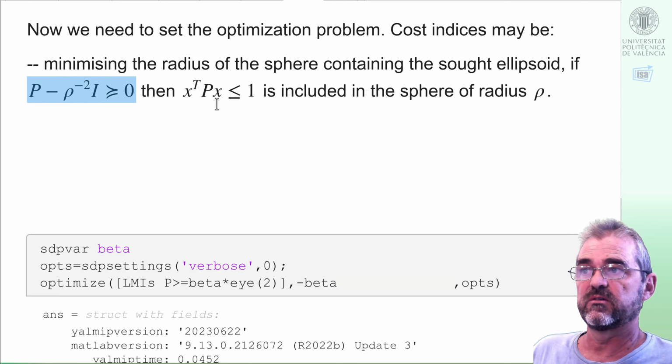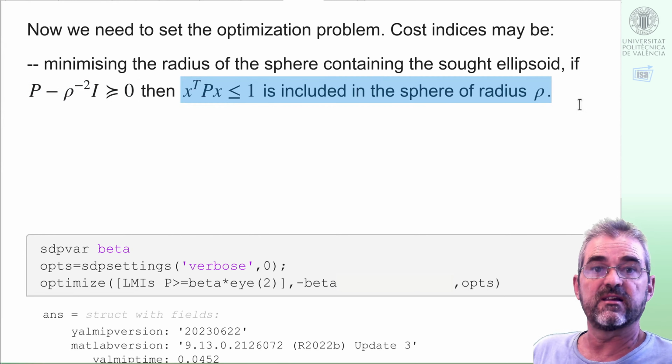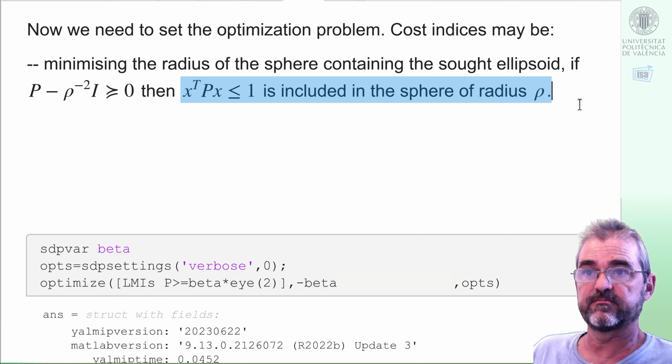That's equivalent to including the ellipse in the sphere of radius rho and making rho as small as possible.